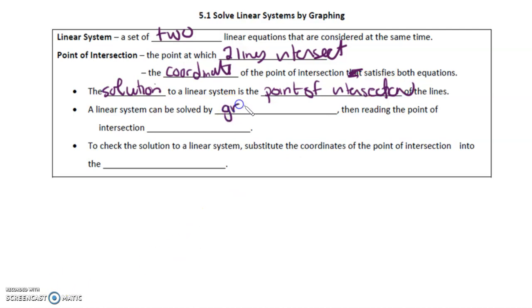A linear system can be solved by graphing, then reading the point of intersection on the graph. And to check the solution to a linear system, substitute the coordinates of the point of intersection into the original equations.